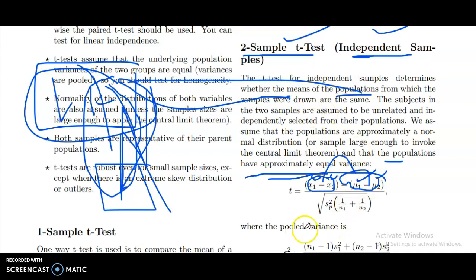After that we have n1 and n2, the sample sizes; take 1 over n1 plus 1 over n2, multiply with s square p, then take the square root, and divide the numerator by this value.